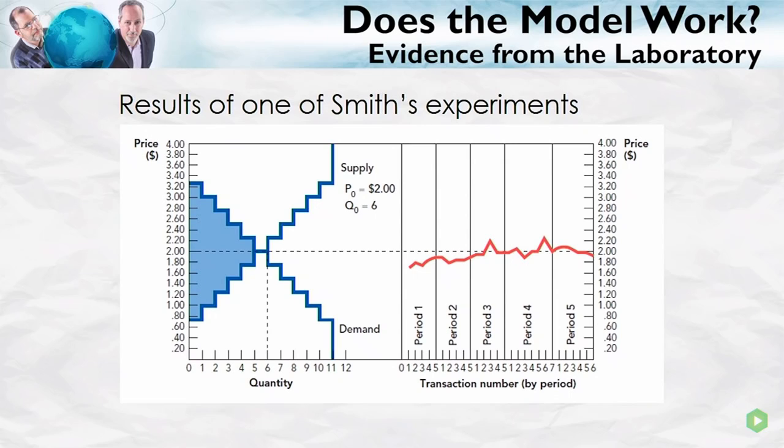The actual market price quickly went to $2, or very close to it. The market quantity quickly went to 5 or 6 units. Moreover, exactly as predicted by the model, the buyers with the highest values bought, and the sellers with the lowest costs sold. In short, almost all the gains from trade were exploited, leading to near maximum efficiency, exactly as predicted by the model.